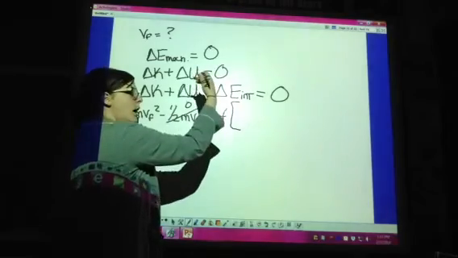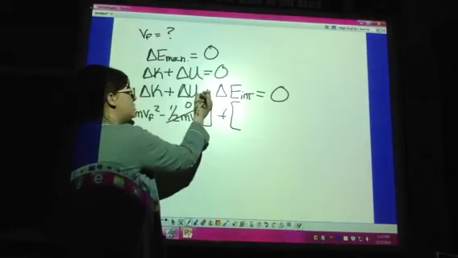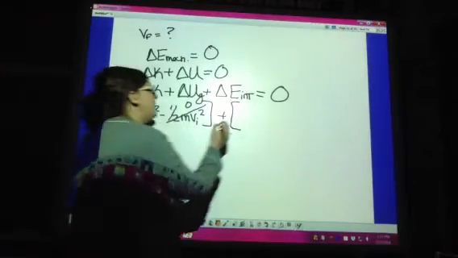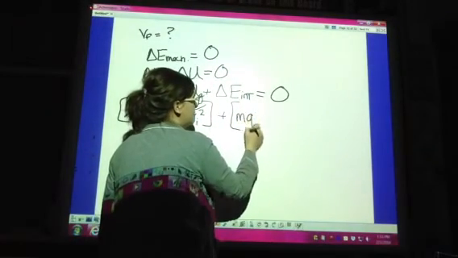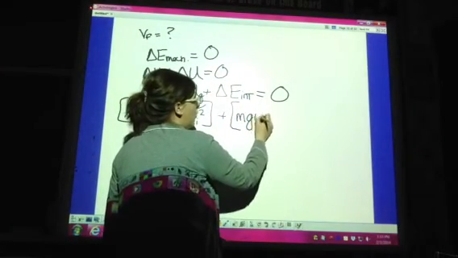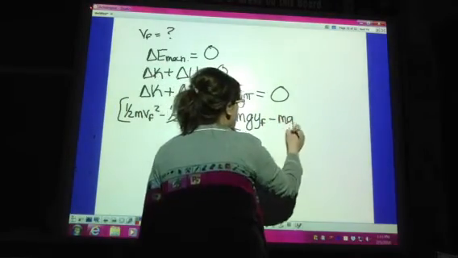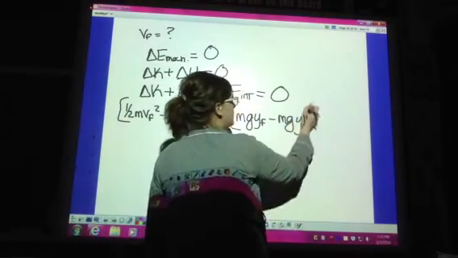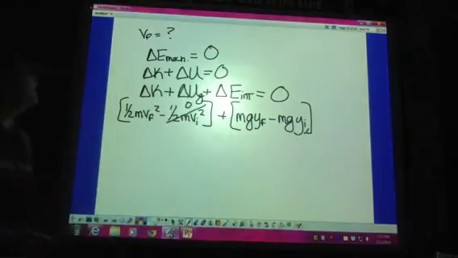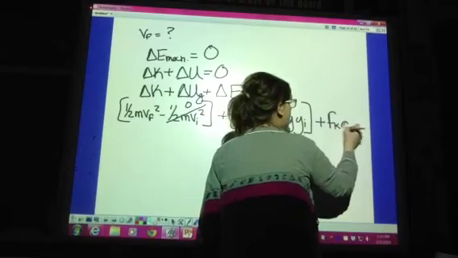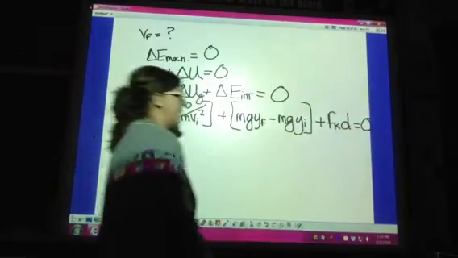We do, though, have a movement in the y direction, so we'll call that my change in gravitational potential energy, delta U sub g. That would be equal to m g y final, that final y position, minus m g y initial. And then my change in internal energy is simply my force of friction times that displacement.